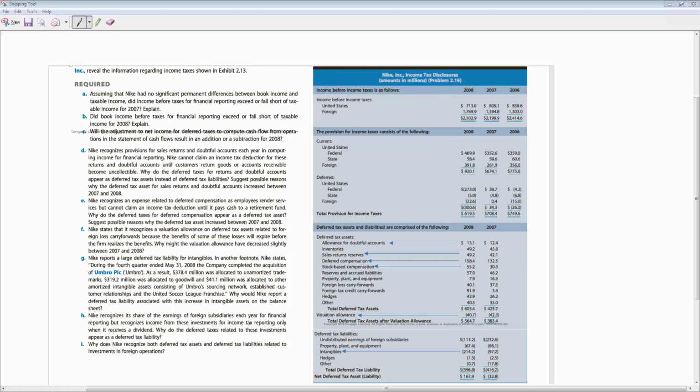Question E. Nike recognized deferred compensation expense earlier for financial reporting than tax reporting. So this is in the same direction as question D, right? Again, we recognize deferred tax assets, so we can find the deferred compensation and stock-based compensation here.